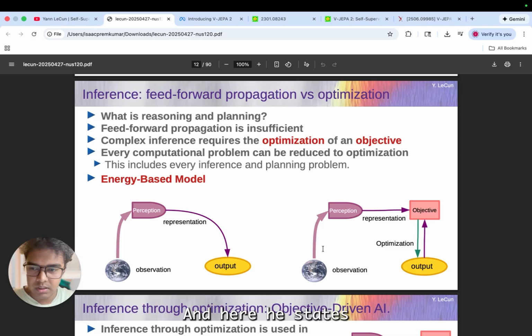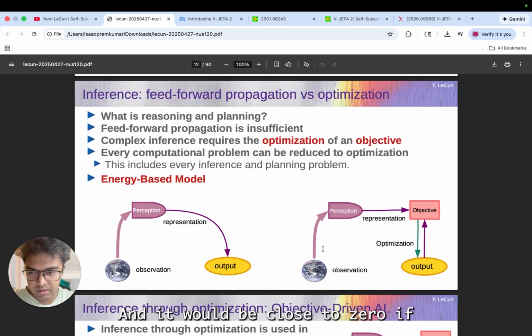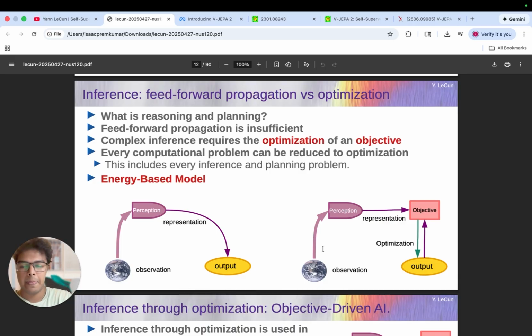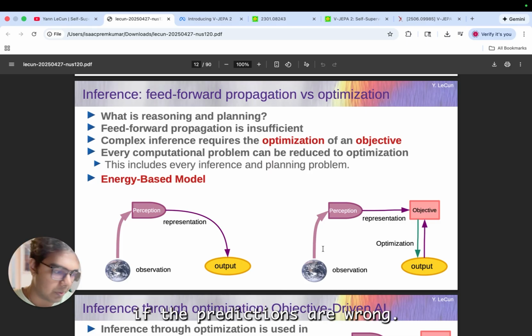And here he states that it's a scalar output function, and it would be close to 0 if the prediction is correct, and it would rise if the predictions are wrong.